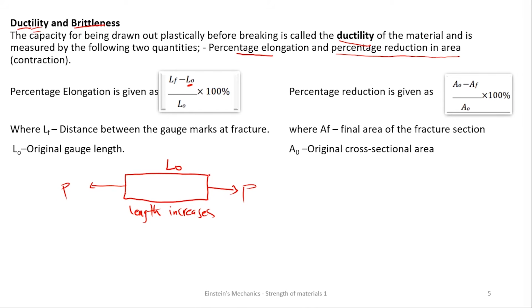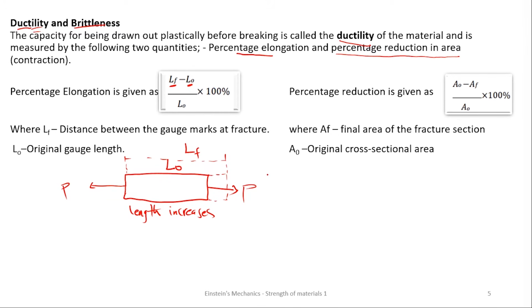So let's assume a length was added later as a result of the force pulling the material apart. So the final length, from here to the new length, is going to give me the final length. Now we want to know the elongation that was produced in this material. It makes sense.